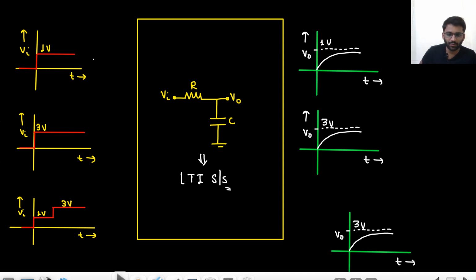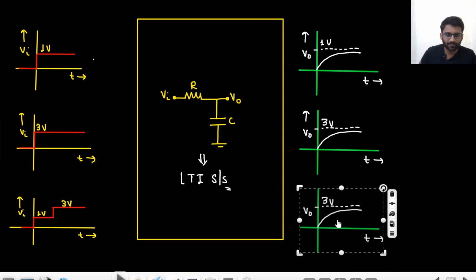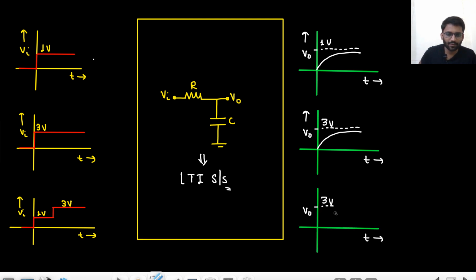So what will happen in my output? First I will get 1 volt, then from there I will get 3 volts. Both waveforms are superimposed. Similarly, the same thing is happening here. This will be 1 volt, this will be 3 volts. This is how my waveform will look for a linear time invariant system.